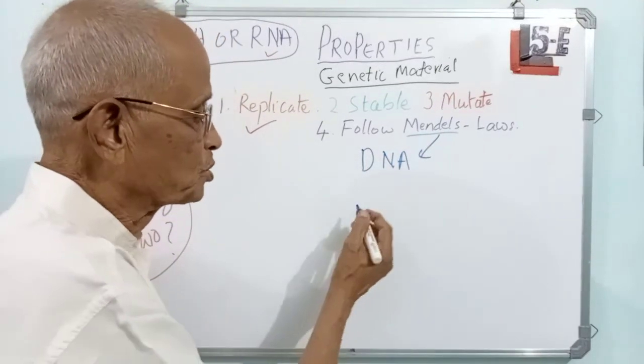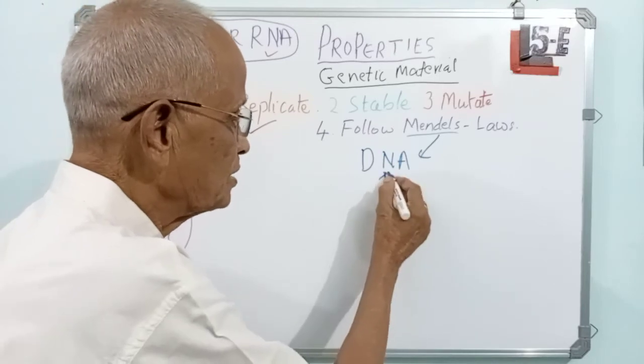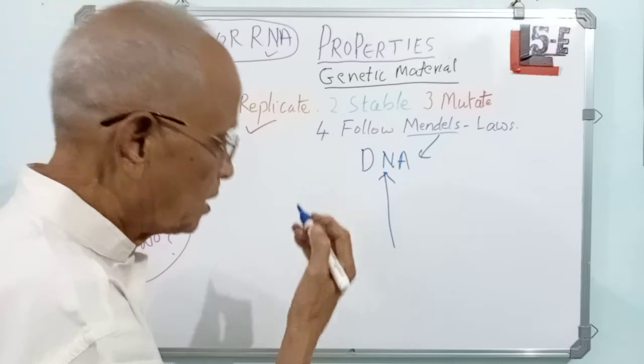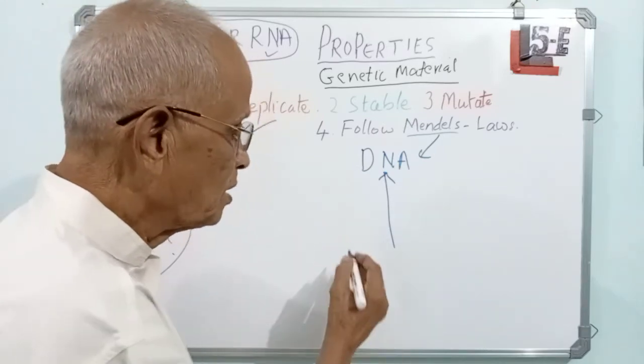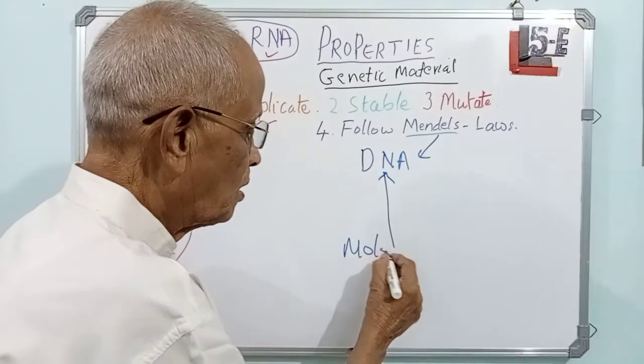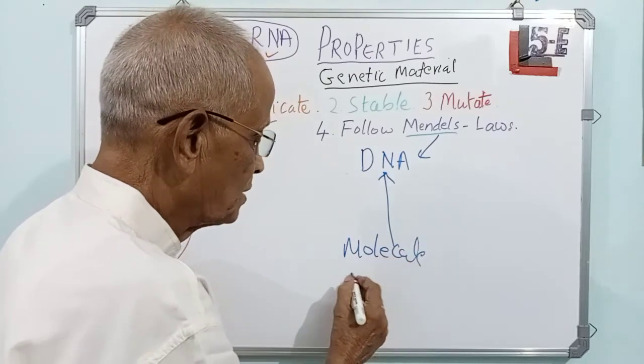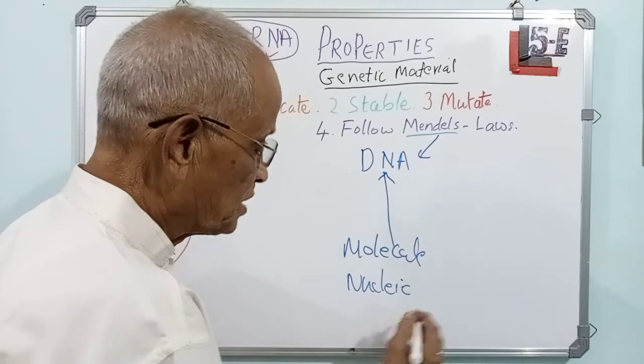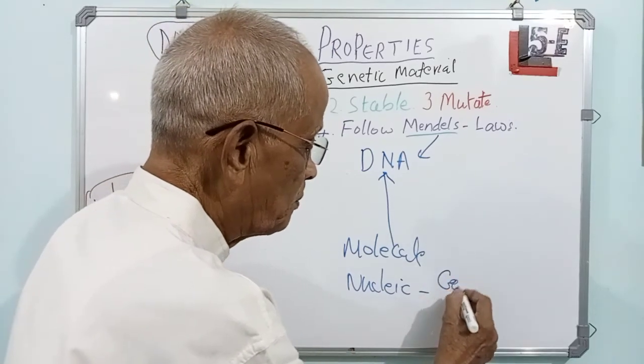The ultimate conclusion will be that DNA is the most stable and most predominant molecule, the nucleic acid that will be seen as the genetic material.